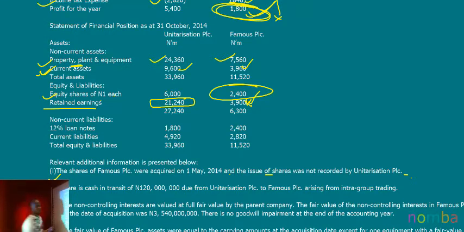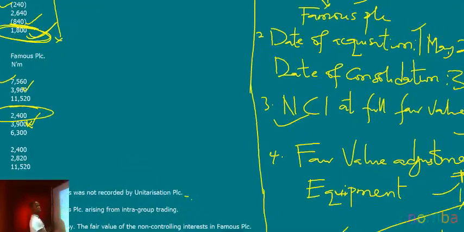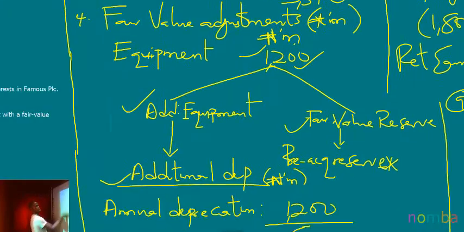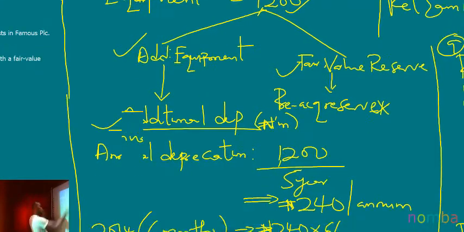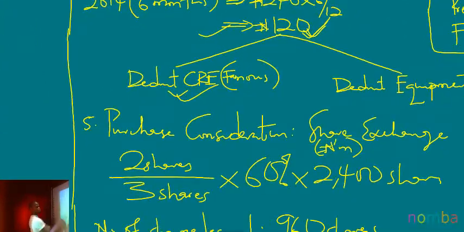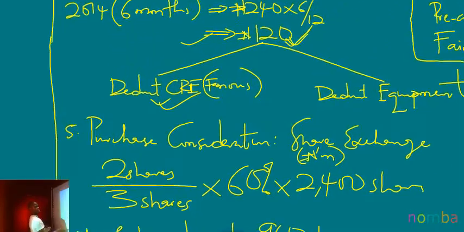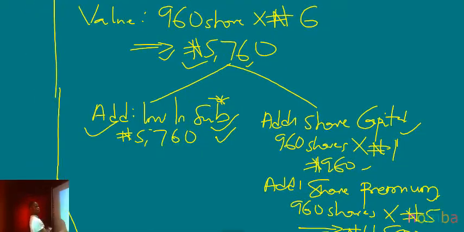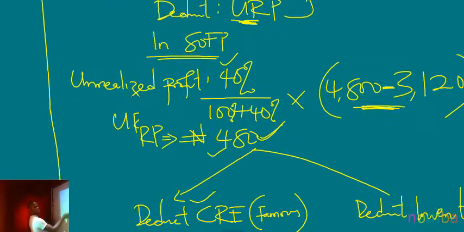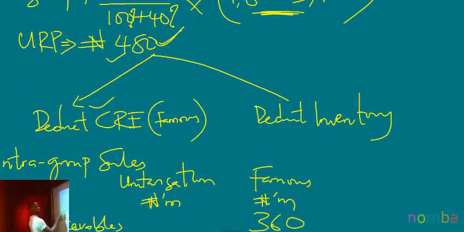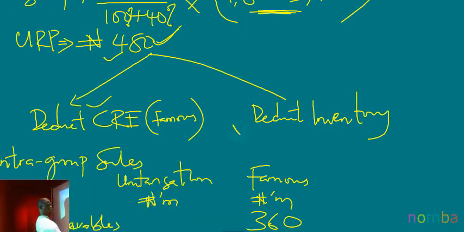Then we'll adjust it for consolidation adjustments. The consolidation adjustment that will affect the current assets, first, is the unrealized profit that would affect the inventory. This 480, we said we will deduct from inventory. So if I deduct 480, then I will have 13,080.